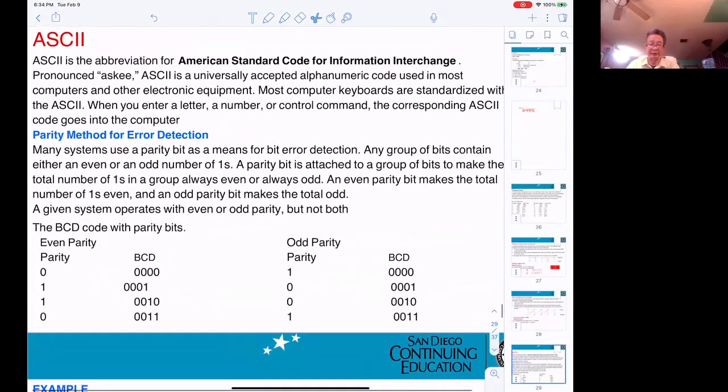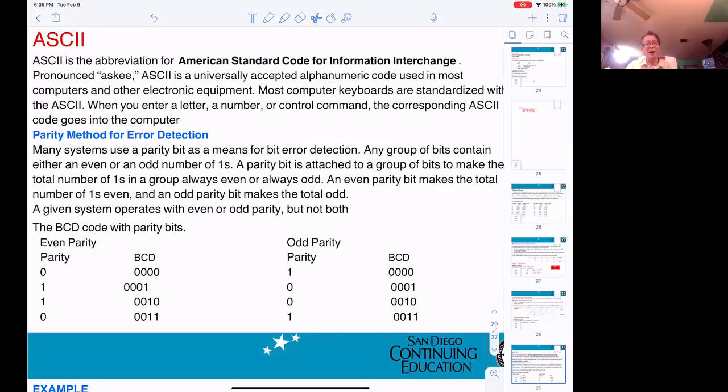Okay, ASCII code we don't want to talk about. Basically, your keyboard is coded by the American Standard Code for Information Interchange. That tells you what binary the number 1, or the letter A, lowercase or uppercase, equals. The computer doesn't know anything about the alphabet.